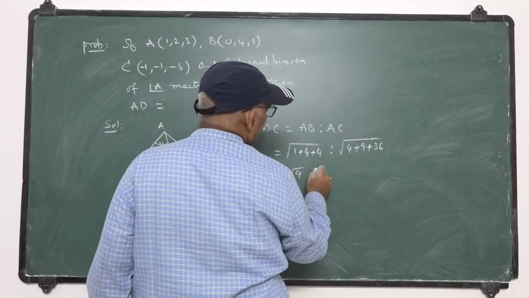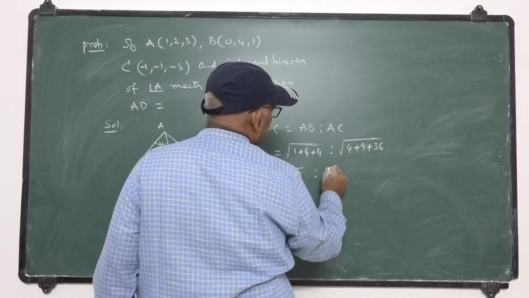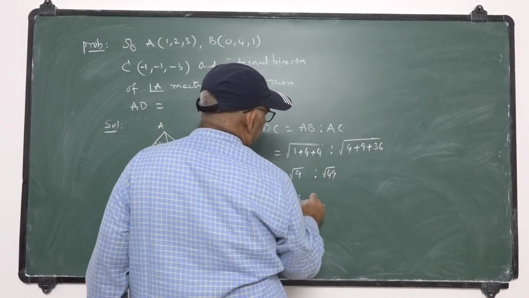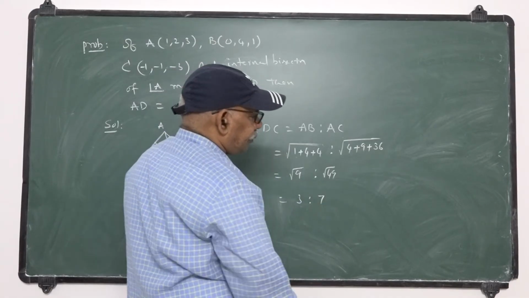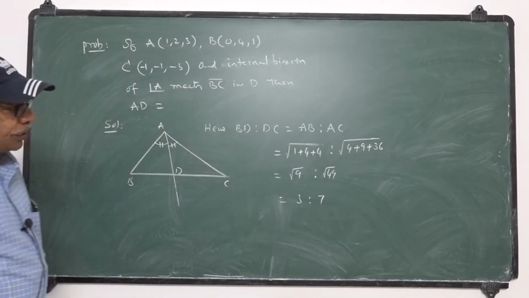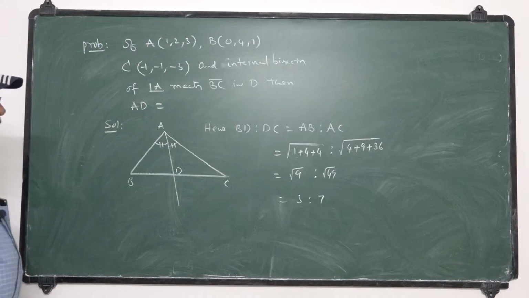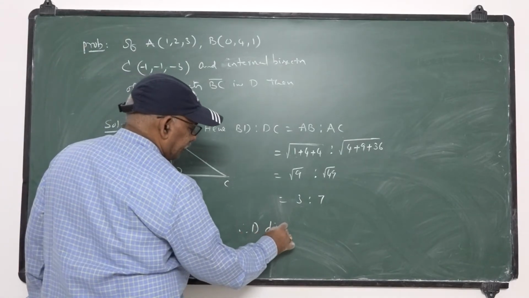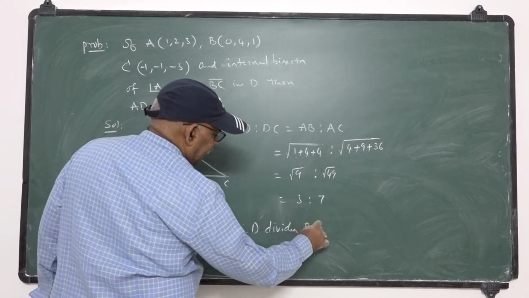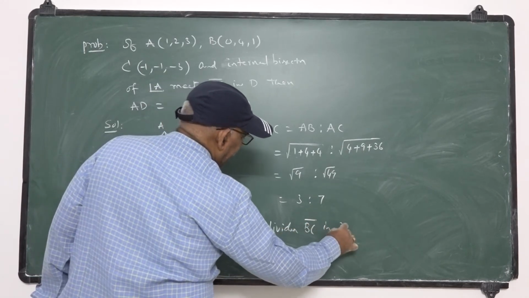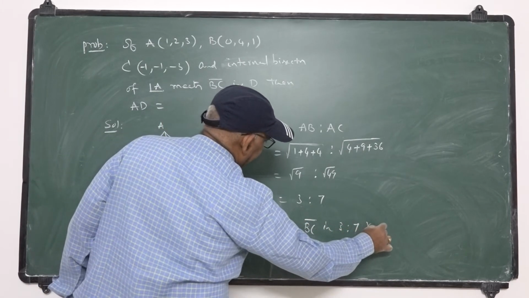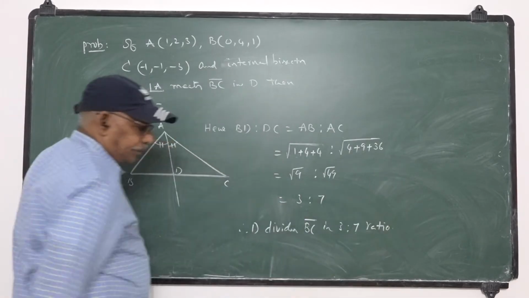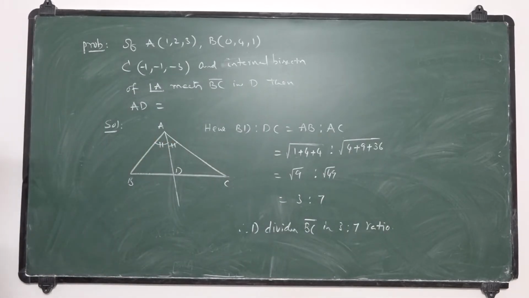This is root 9 is to 49, which is 3 is to 7. Therefore, D divides the side BC in 3 is to 7 ratio. You can conclude like that.